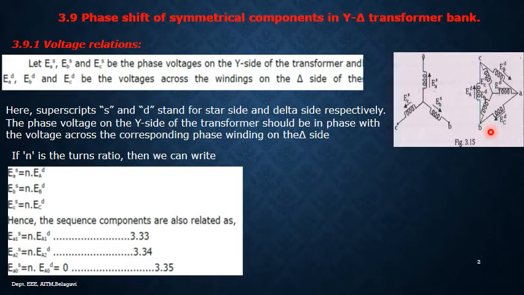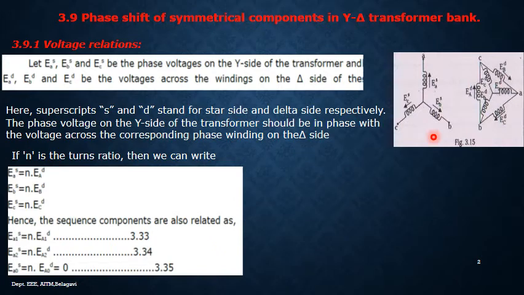So in this particular topic, we are going to discuss how we can shift the phase of a star connected transformer to the delta connected transformer. Similarly, for positive and negative sequence components, both voltages and currents will change from star to delta side.